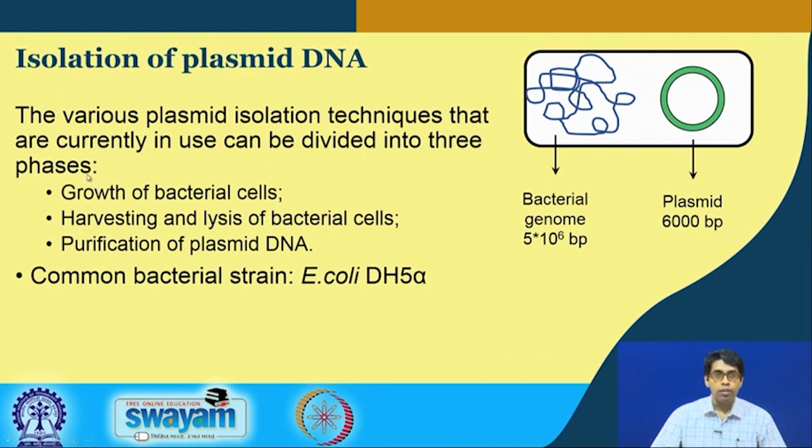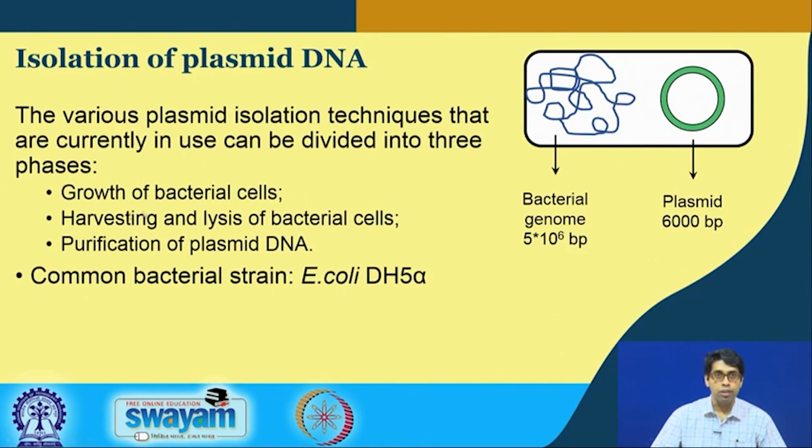The first one is the growth of the bacterial cell, because we are going to isolate the plasmid from some bacterial cell. So, you have to grow the bacterial cell and then isolate the plasmid from there. Once the bacterial cell is grown, you harvest it, and we typically do it by centrifugation, where the bacterial cells are precipitated out. We throw away the media and then we work with those precipitated cells.